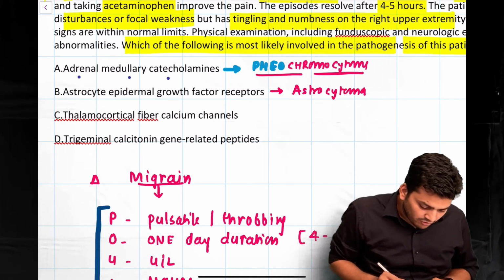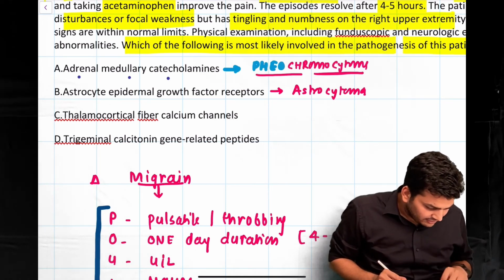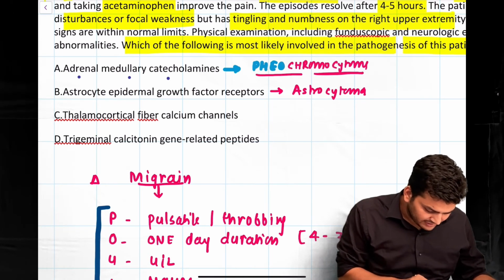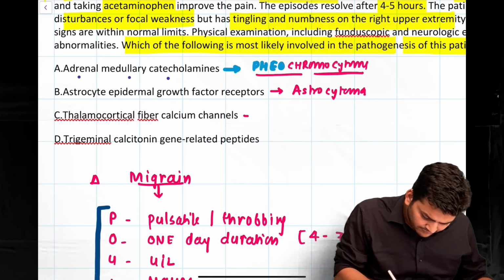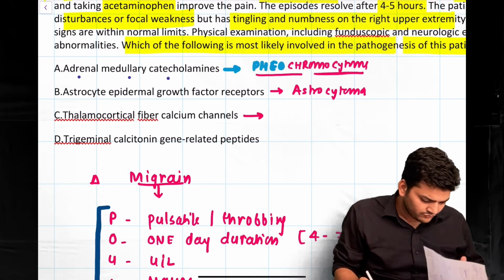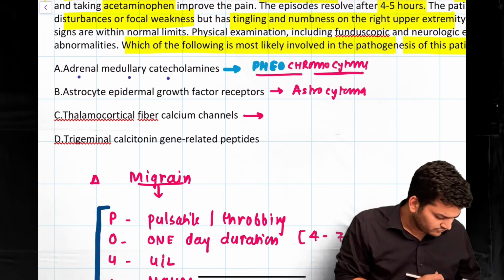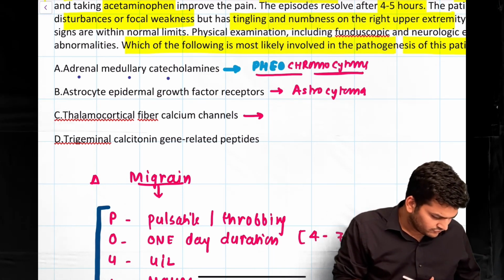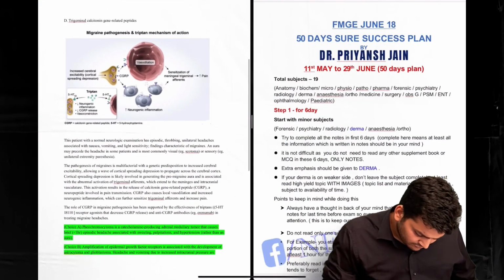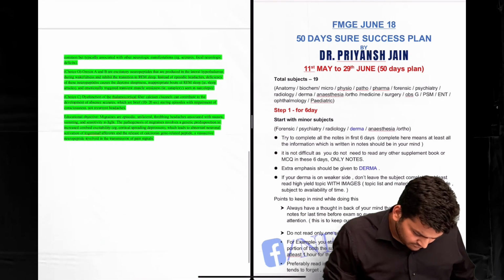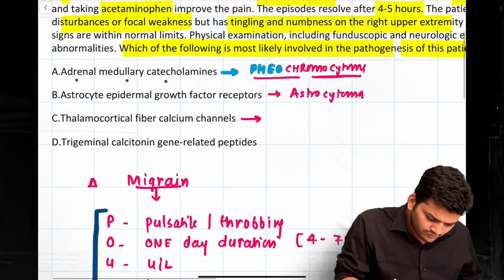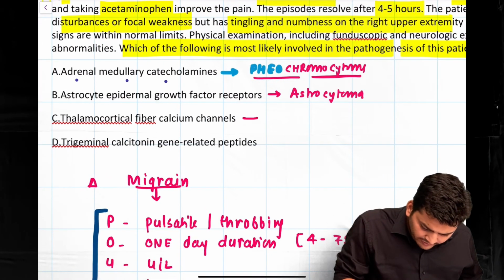Increase in the thalamocortical fiber calcium channel is associated with absence seizures.